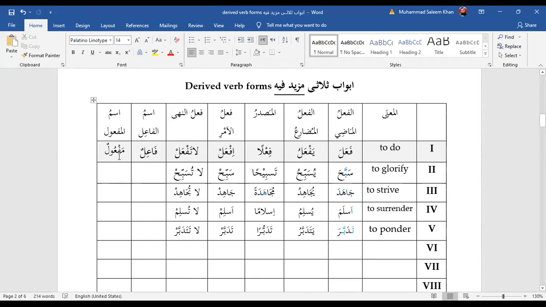And similarly we have completed for, what about shakara? I think we haven't completed shakara yashkuru, which is on the pattern of nasara yansuru. So shakara yashkuru, shukran, the masdar is shukran.